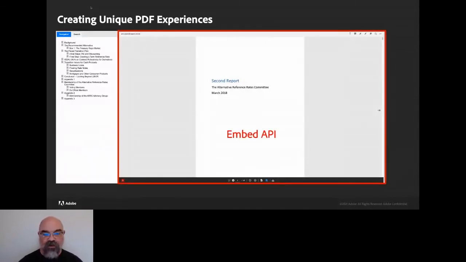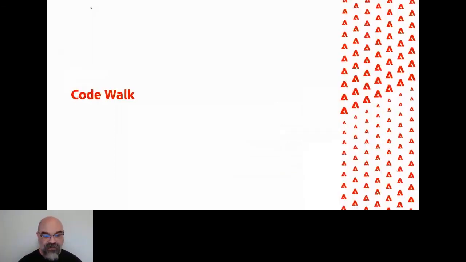And then the right side is actually Embed API. Embed API does have a two-way API, but in this instance, I'm only going one way. I'm going to be going from the HTML to the Embed API in order to control that experience programmatically, and not the other way around. But you can, of course, have bidirectional communications. So let's take a look at what this all looks like when I put it together.